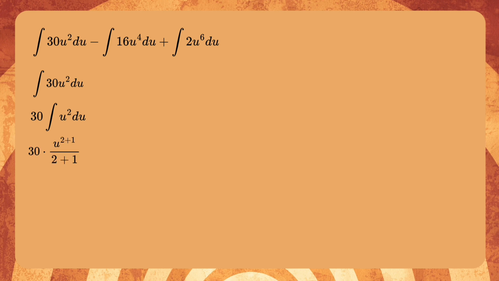Then next step is ita-times natin si 30 sa u and magpa-plus 1 tayo sa exponent ng u and sa denominator nito. So 30 times u raised to 2 plus 1 over 2 plus 1. So magiging 30 times u raised to 3 over 3. So magiging 10u raised to 3 siya.